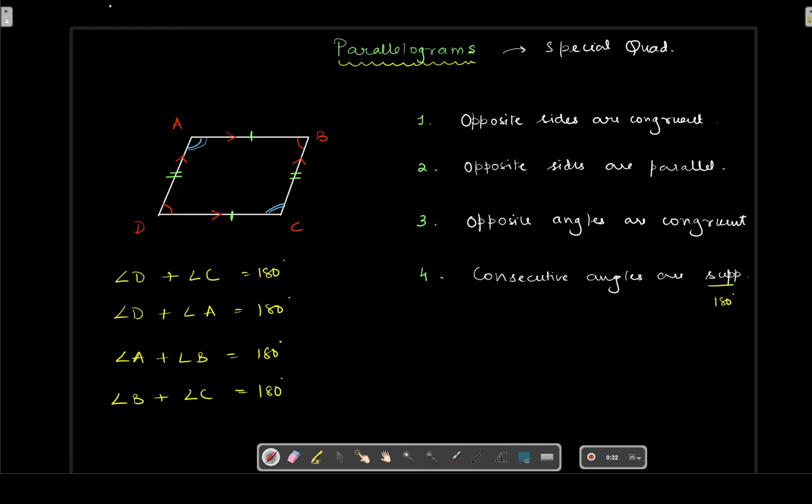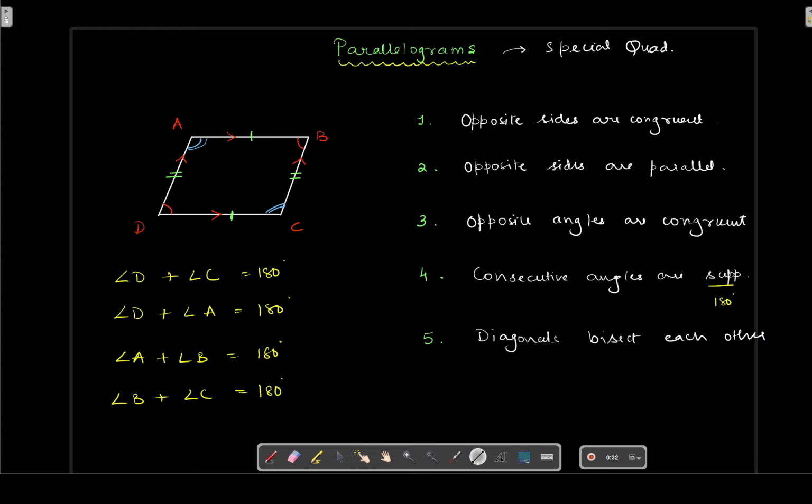And the fifth and the last property is on diagonals. It says that the diagonals bisect each other. So the diagonals of a parallelogram, they bisect each other.